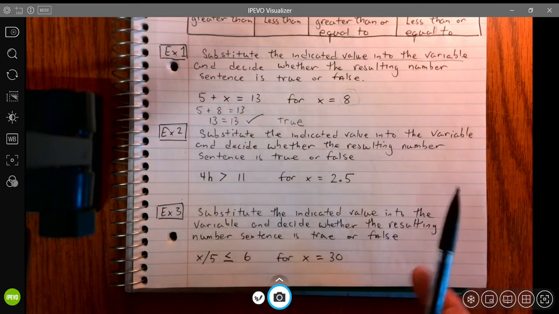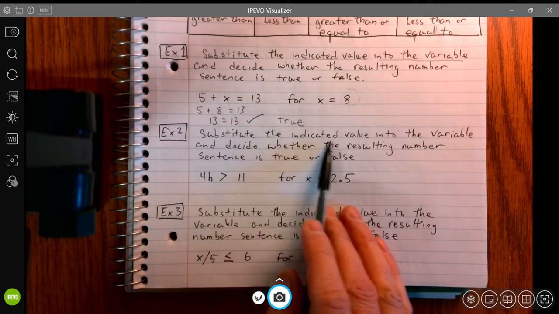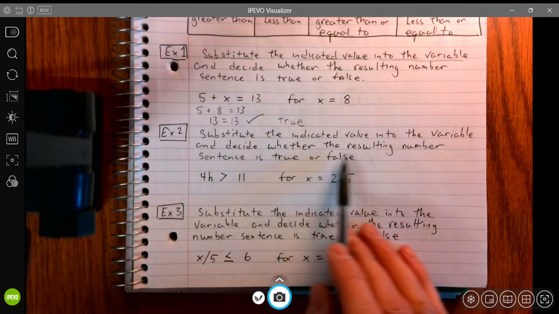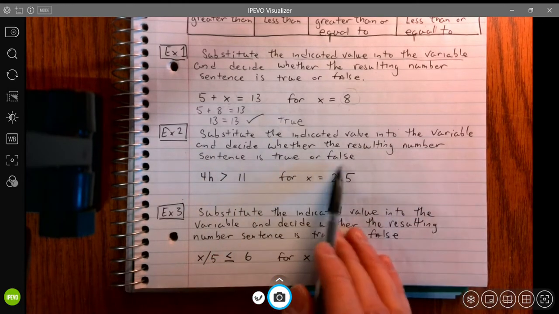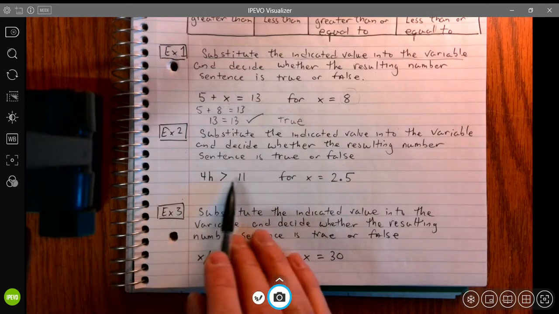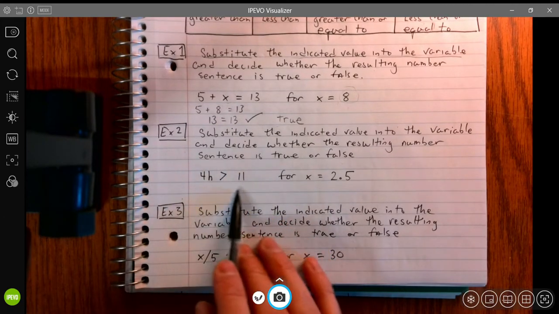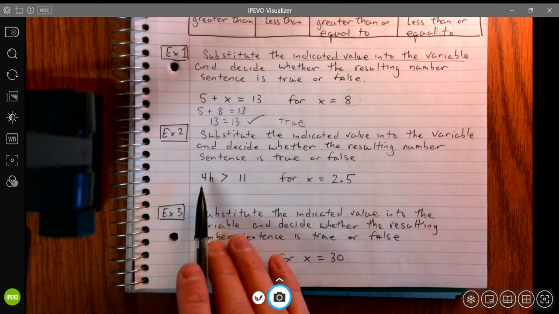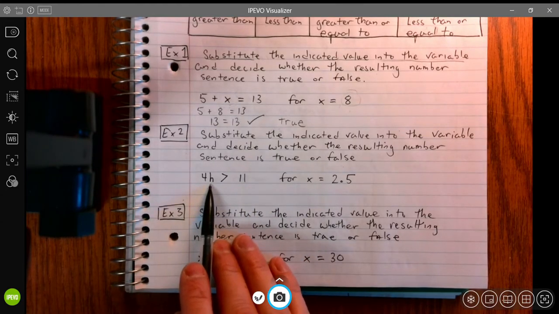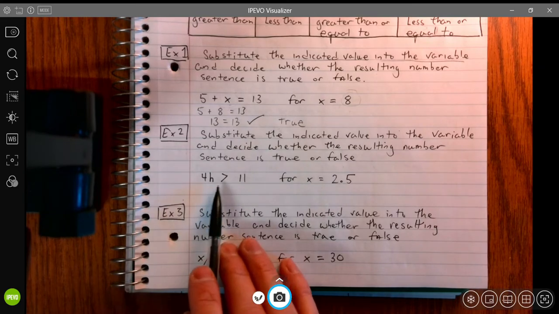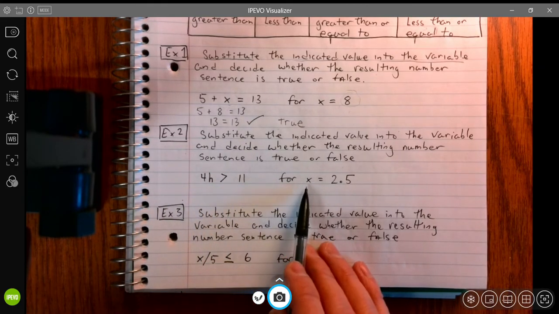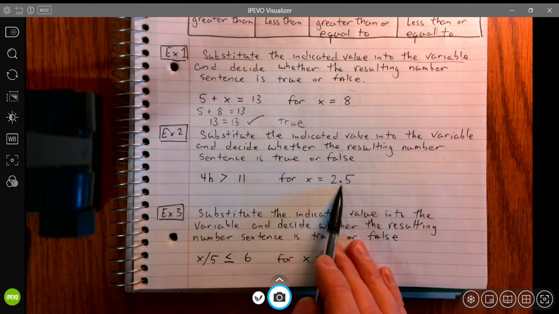Substitute the indicated value into the variable and decide whether the resulting number sentence is true or false. Over here, I have an inequality statement, and it says 4h, or 4 times h, is greater than 11 for h equals 2.5.